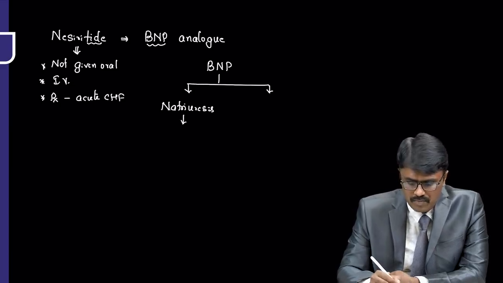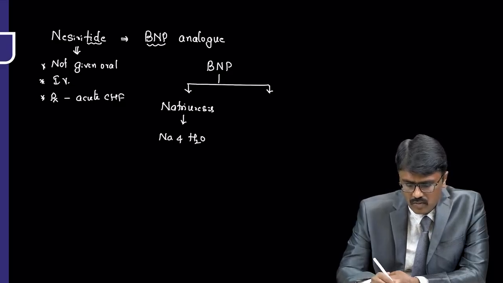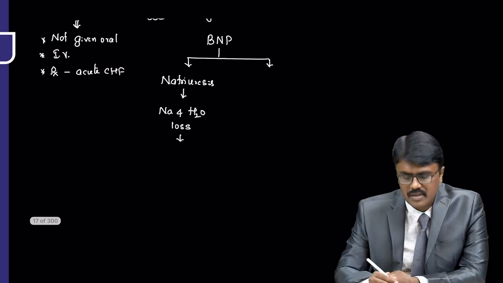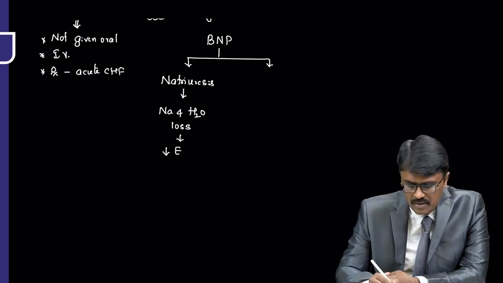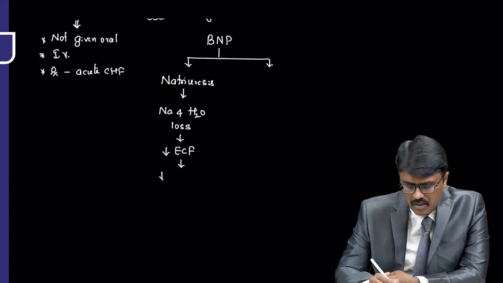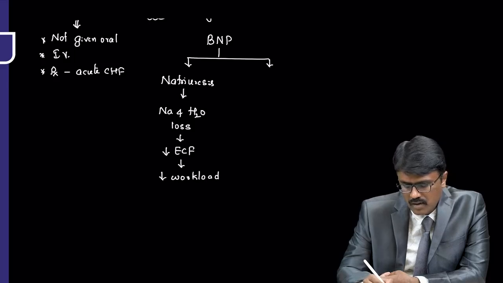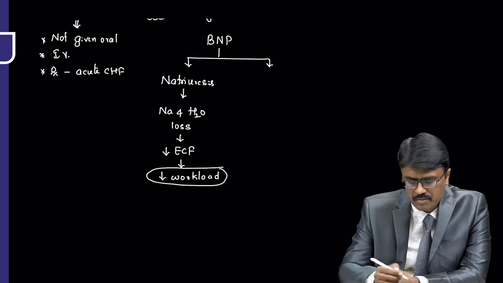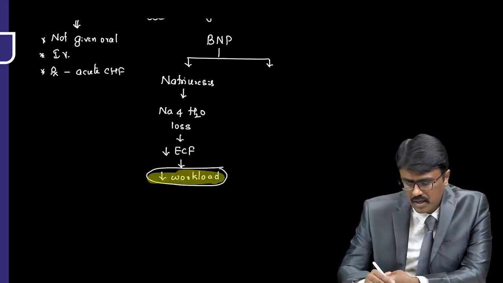Now when you lose sodium, along with sodium, water is also lost. So when there is sodium and water loss, there is a decrease in ECF, that is blood volume. When you decrease the ECF, obviously there is a decrease in workload on the heart. And that is what we require in the management of acute CHF, and we have achieved that goal.